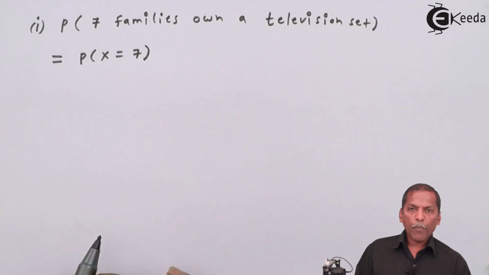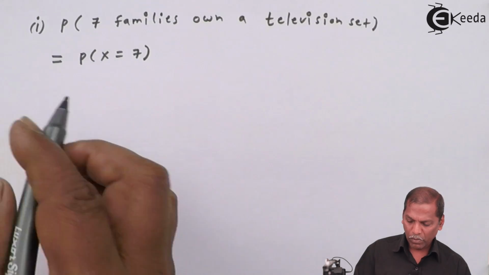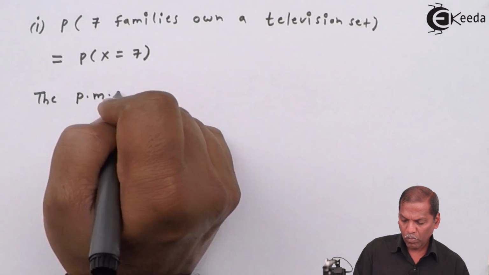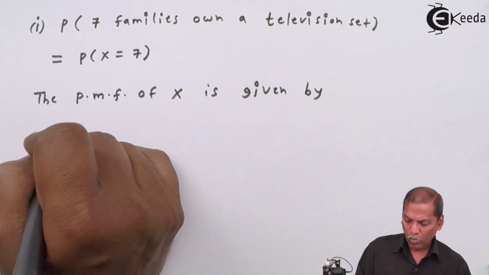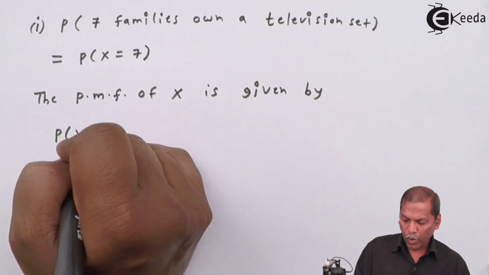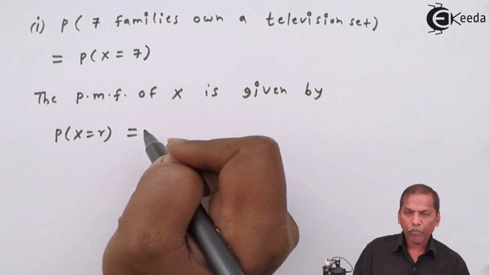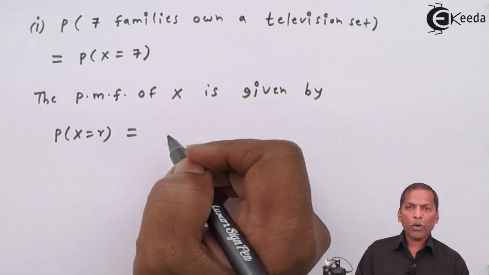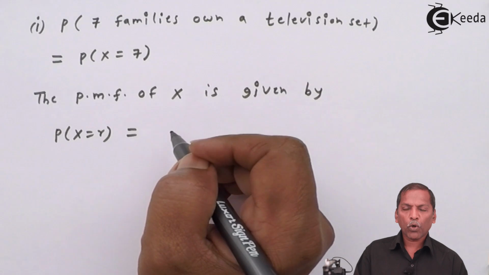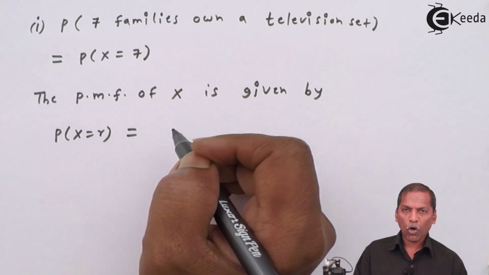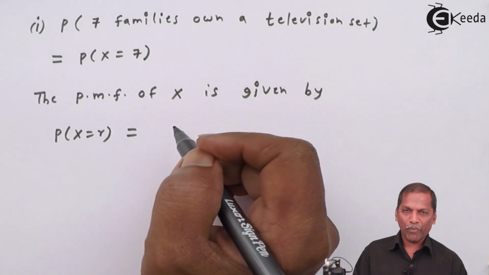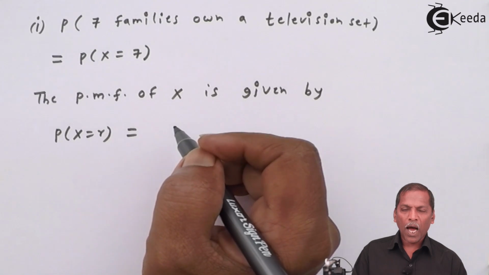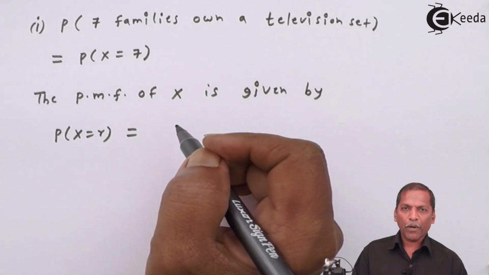Now since the probability mass function of random variable X is given by probability X is equal to r is equal to nCr into P raise r into Q raise n minus r, where r takes values 0, 1, 2, 3 up to 10, since 10 families are interviewed at random.